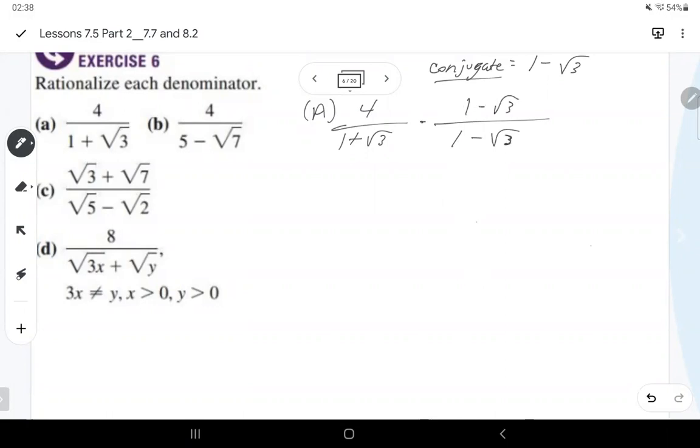On the top, you're just going to distribute, but I'll write it out. So it'll be 4 times 1 minus square root of 3 over the multiplication of the conjugate. And once you do this for a while, you're going to start seeing little patterns, so you won't have to do every single step. But for the moment, this is what we're doing.